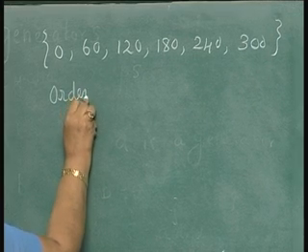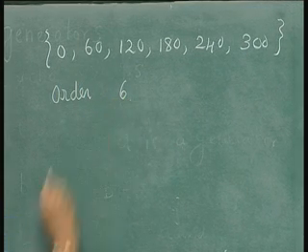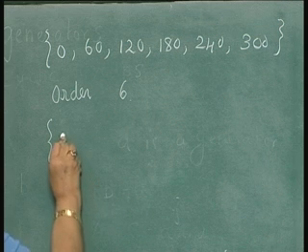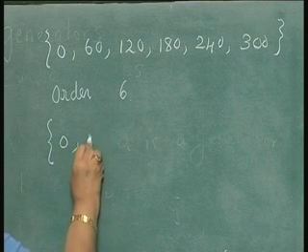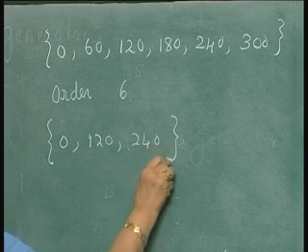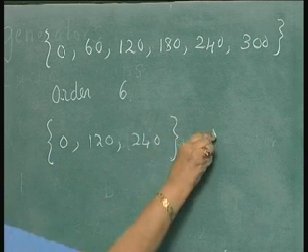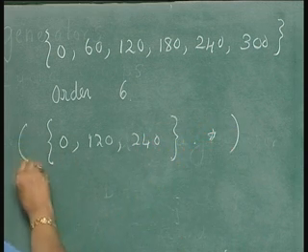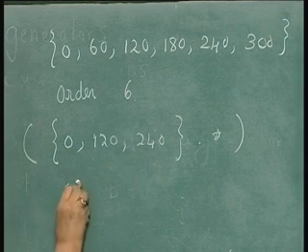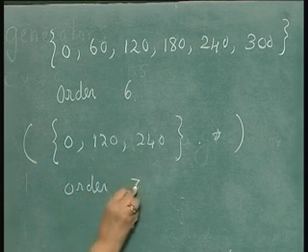Order is the number of elements here, it is 6. Now, what are the subgroups here? 0, 120, 240 is a subgroup with the same rotation operation. And what is the order of this? The order of this is 3.